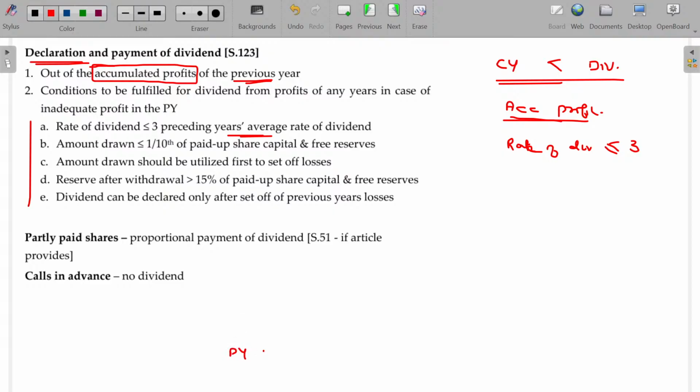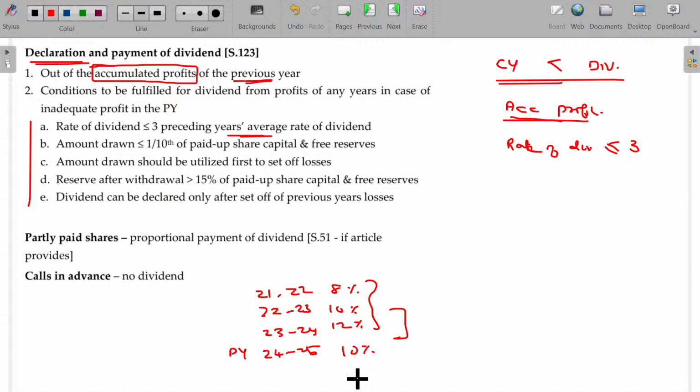So previous years 24-25, 23-24, 22-23, 21-22. Here the profit being 8% dividend, 10, here 12. Now, how much you can offer? The average of 3 preceding previous years value is 10%.